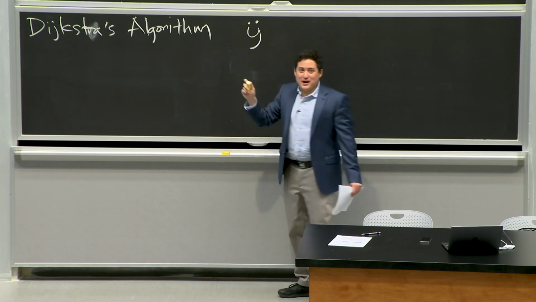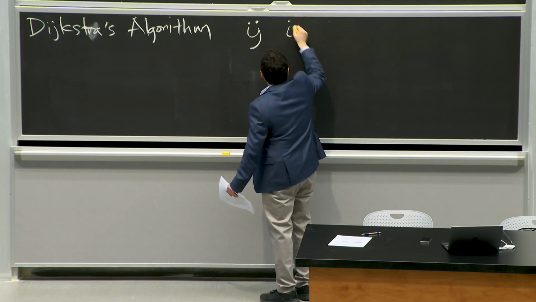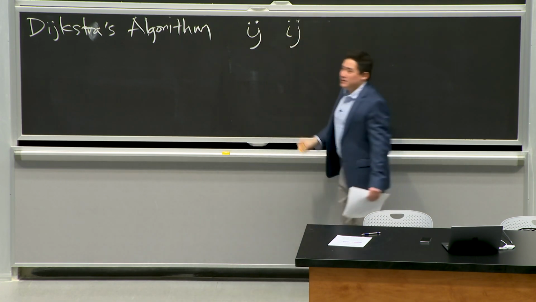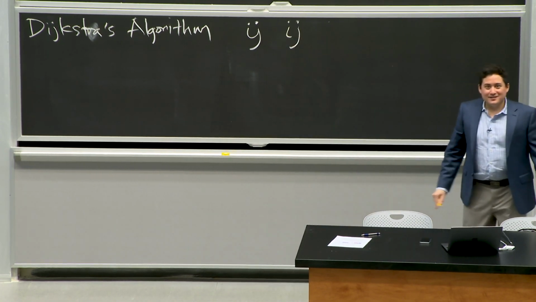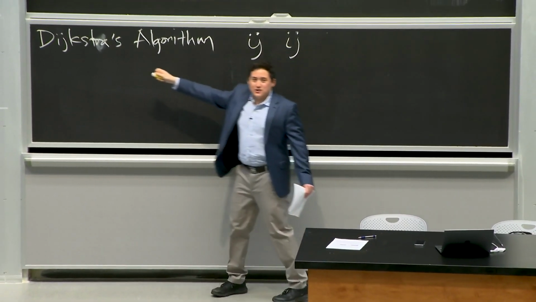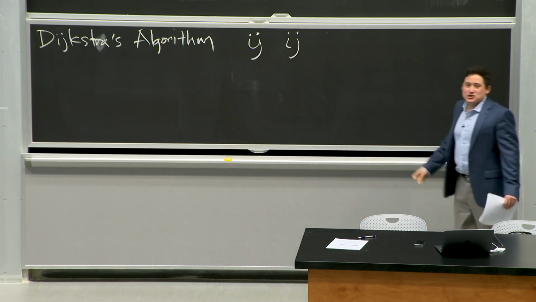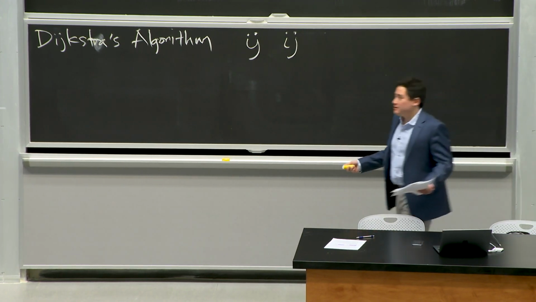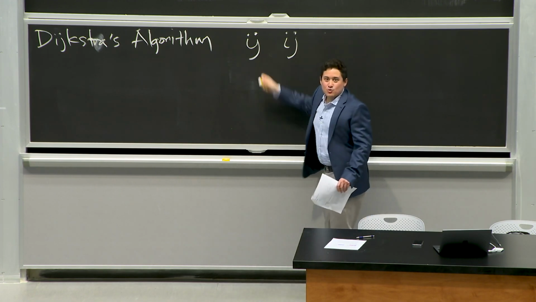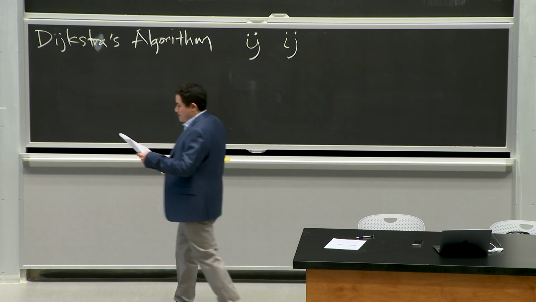But on a modern English keyboard, this looks pretty similar to an IJ. So in a lot of manuscripts, we write it as D-I-J. There's no J sound in Dijkstra. It's coming from this Y here. Okay, so that's an interesting way to remember how to spell Dijkstra.